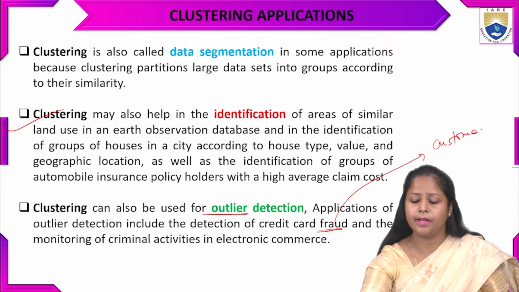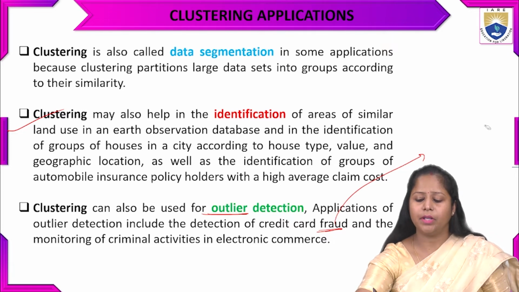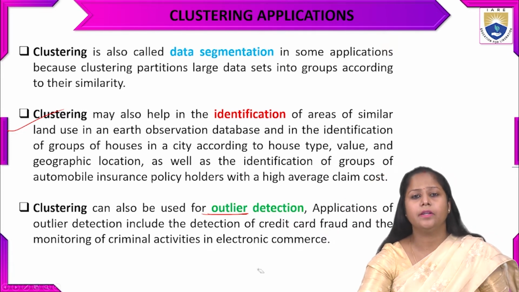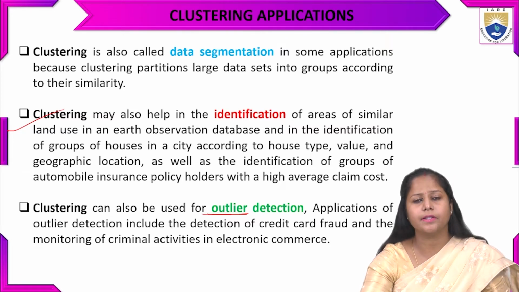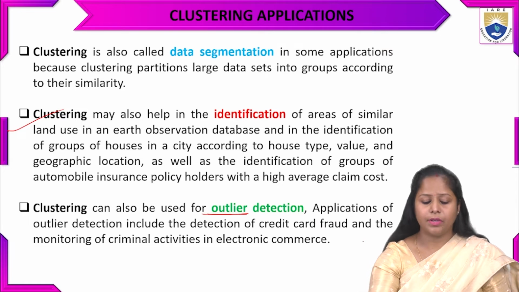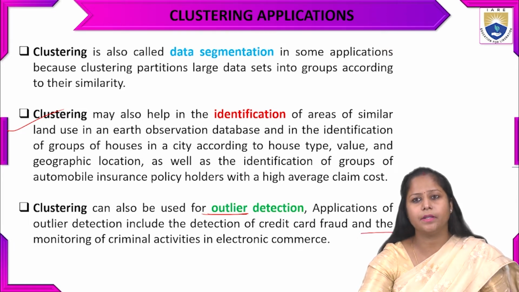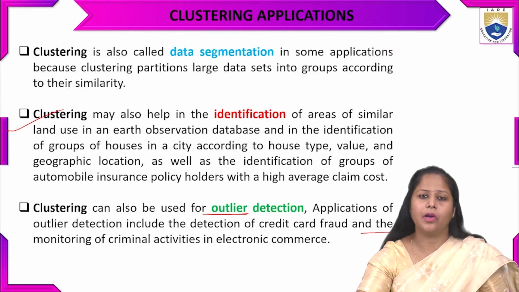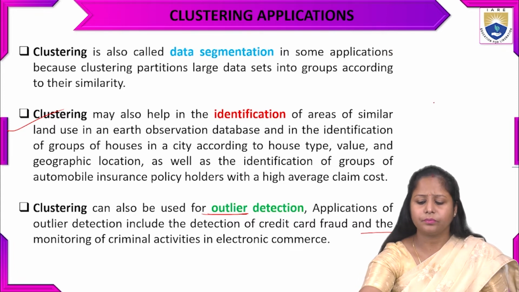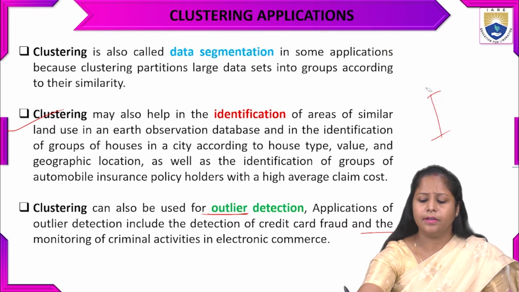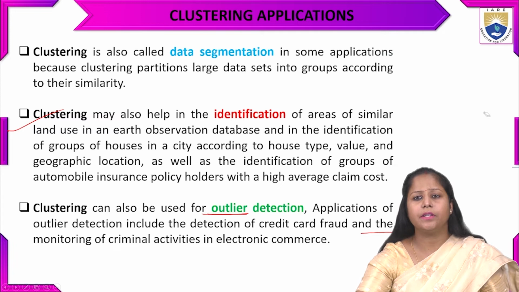If they steal it, they can enter, and there is a possibility they can use some amount of the credit card. That comes under the detection of credit card fraud. This type of thing comes under the outlier, because it is beyond the already written documentation.